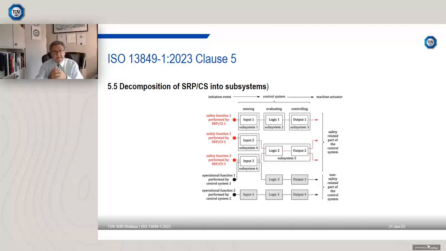This is in fact another graphic from the standard saying that some functions can share subsystems, some subsystems contain more items, logic 2, output 2 within one subsystem in this graphic, and some subsystems that are used in safety related controls can also be used by the non-safety controls and so on. So this specific clause in Clause 5, now 5.5, is about decomposition of safety-related parts into subsystems.